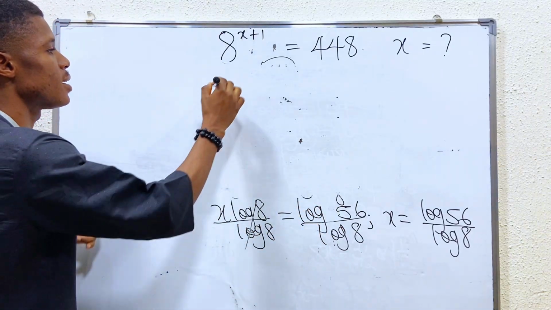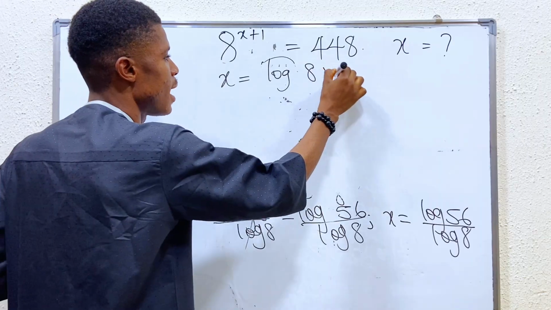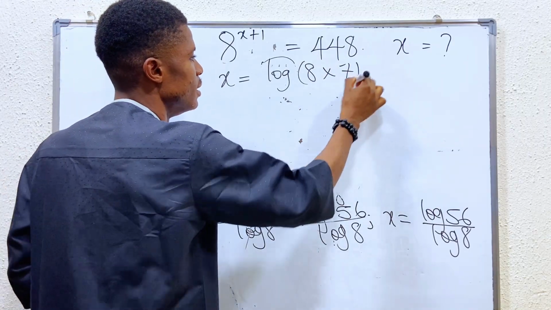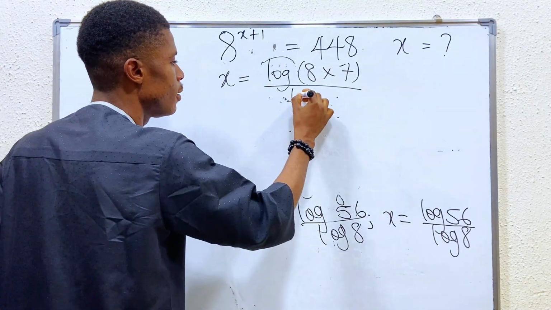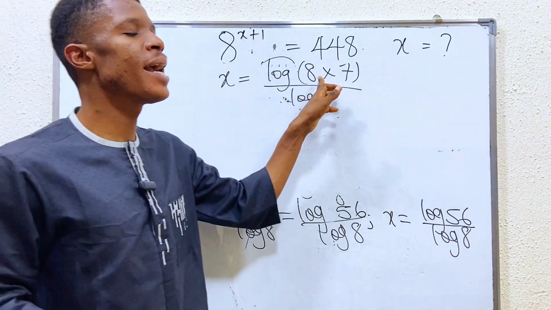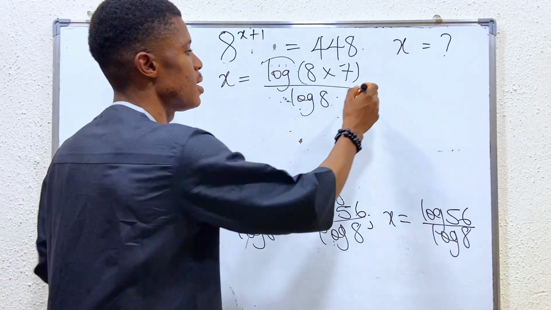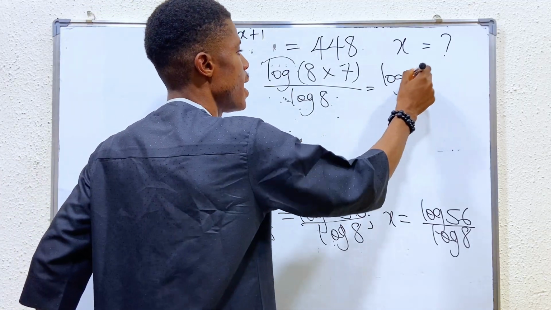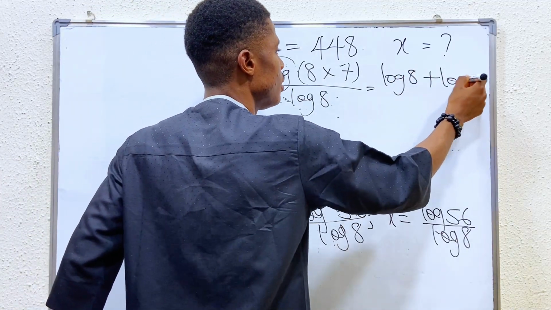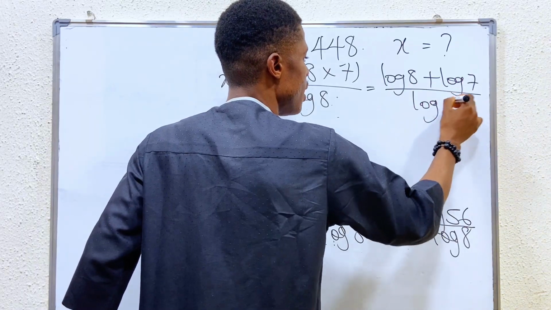So we can now say that x is equal to log of 8 times 7, divided by log 8. And whenever we are multiplying numbers in logarithm, we can split it to be log 8 plus log 7, all divided by log 8.